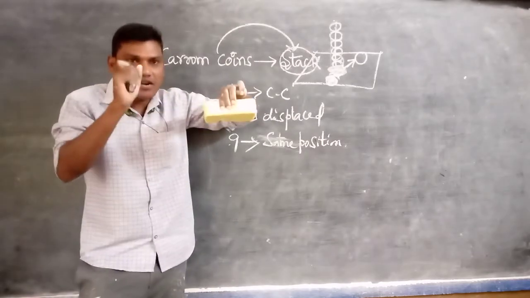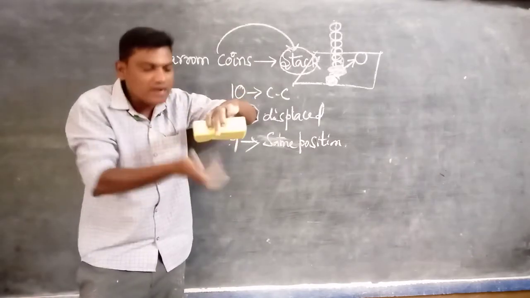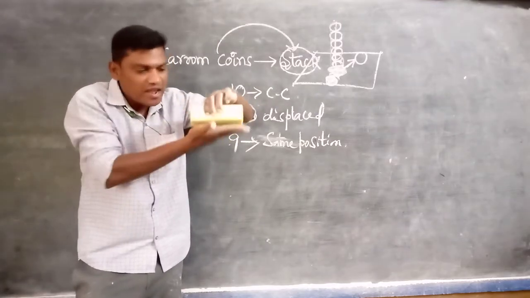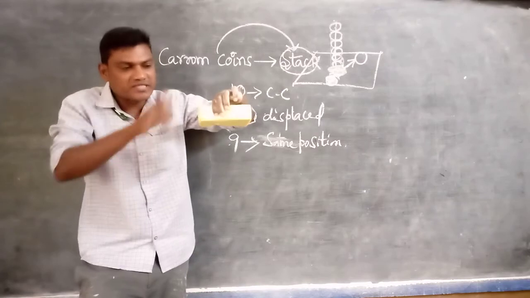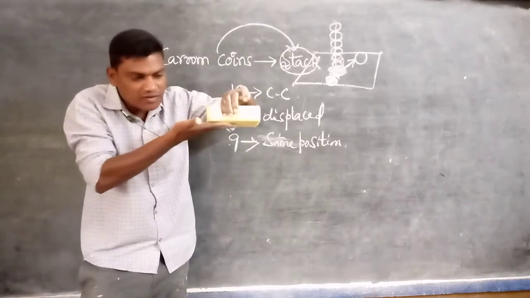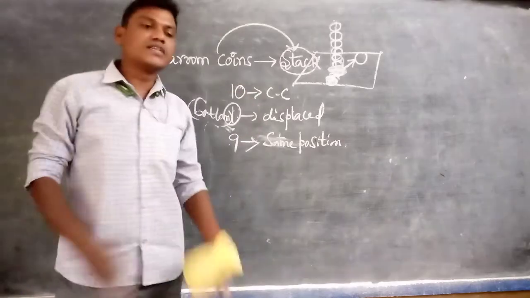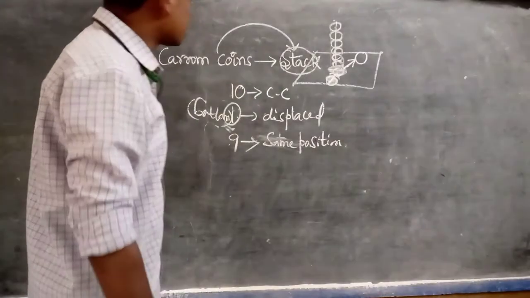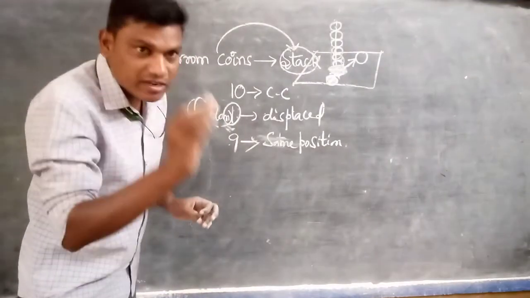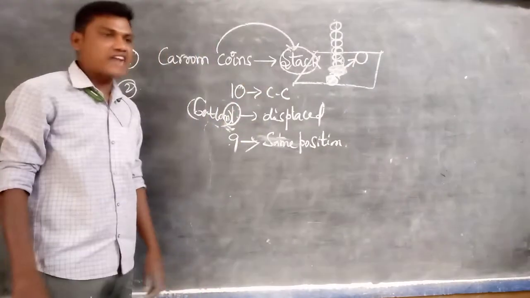Our direct force is acting on the bottom but not on the second one. That's why only the bottom coin is displaced, and the remaining are in the rest position, even though some physical contact force is acting from the bottom. That is inertia of rest. If a body is at rest, it continues to be at rest even though some unbalanced forces act on it.